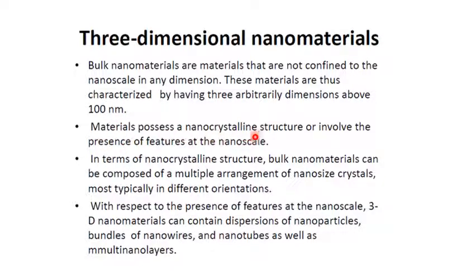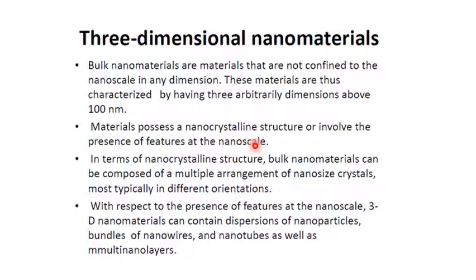The material possesses a nanocrystalline structure or involves the presence of features at the nanoscale. The materials are not nano in all three dimensions, but they may possess nanoparticles in the form of composites, or nanorods, nanowires, or nanofibers embedded in the matrix.